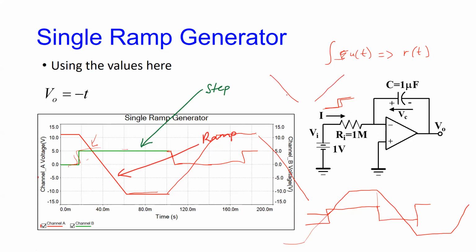So if I can make these two, with no gap in other words, as soon as it goes negative, if I could switch this in proper time, I could get a positive going ramp at the same time.